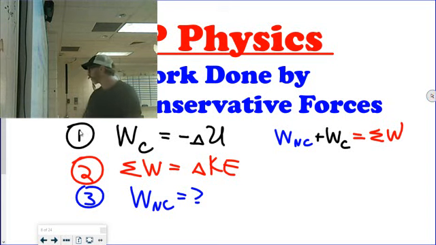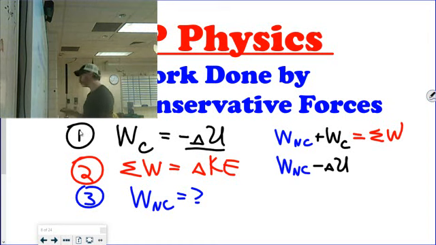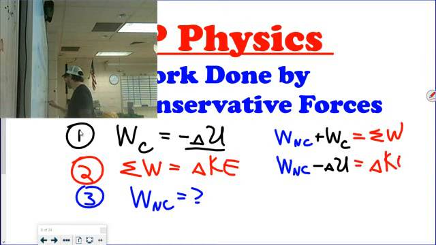Now I'm just going to do some substitutions. I'm going to leave this, the thing we don't know about, but we know something about these other two. The work done by conservative forces is just the opposite of my change in potential energy, and again, I'm using U for potential energy now. That's equal to my net work, and my net work is my change in kinetic energy.